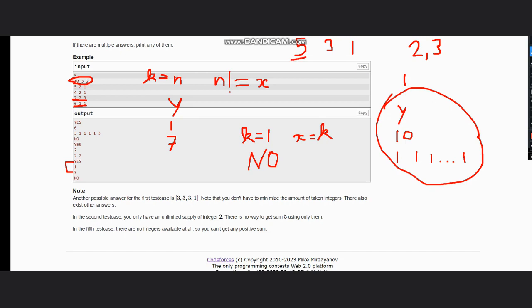Let's suppose s is our integer in which we are storing it. So the number of 2s would be 5 divided by 2, which is n by 2, so this is 2. Now we calculate the remainder, and our remainder would be n modulus 2, so it would be 1 in this case.